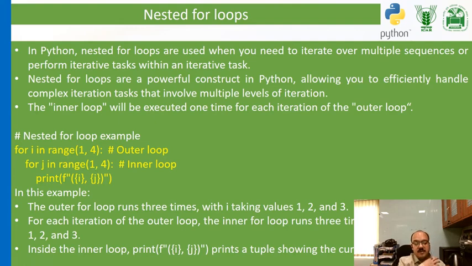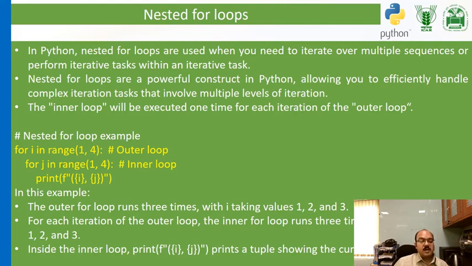Like when I is 1, then the values of j will be iterated over for 1, 2 and 3. Then in the outer loop, the value of I is incremented by 1, that is 2. So for I's value of 2, the nested for loop with j will be iterated over again 1, 2 and 3.